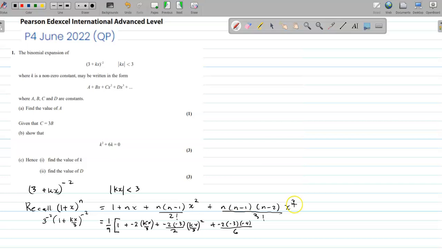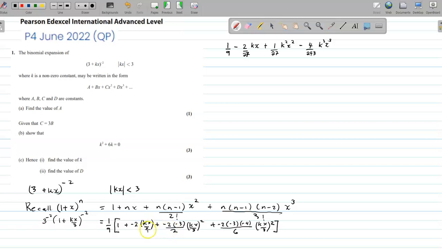And then x cubed is kx over 3 cubed. And we're going to distribute now our 1 over 9 throughout. So let's tidy this up and find the values of a, b, c, and d.